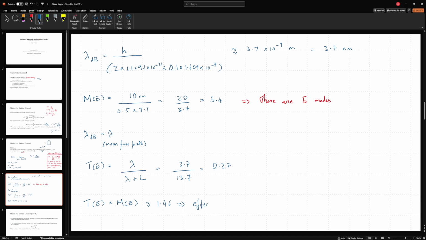The effect of diffusive transport allows for only one ballistic mode.